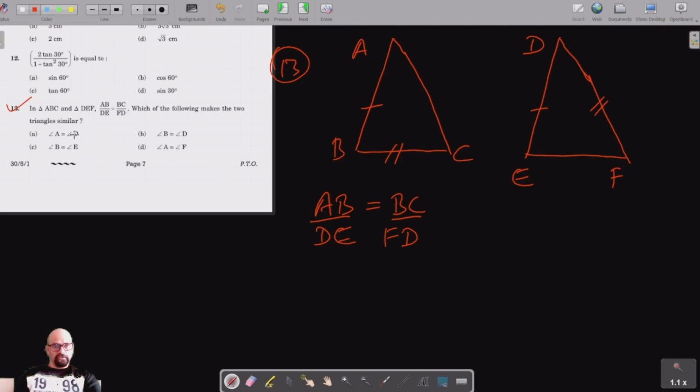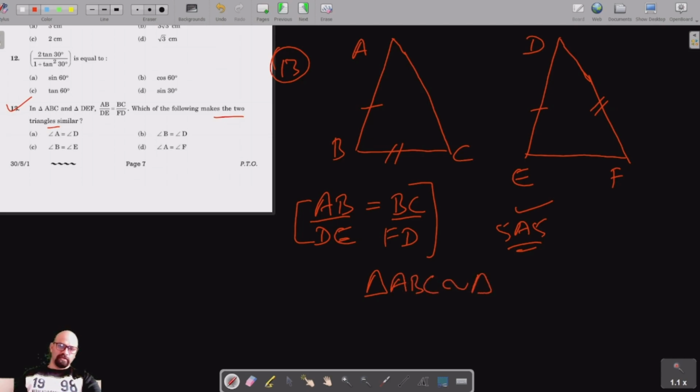Now, to make these two triangles similar, we can use the SAS rule because we have two sets of sides which are in proportion. So we are going to use the SAS rule to make sure that these two triangles are similar. And if we make them, triangle ABC is similar to triangle DEF by SAS. To do this, the angle should be the included angle.